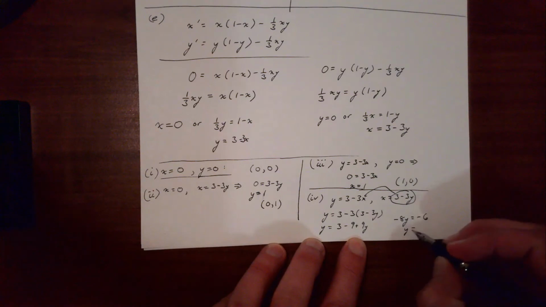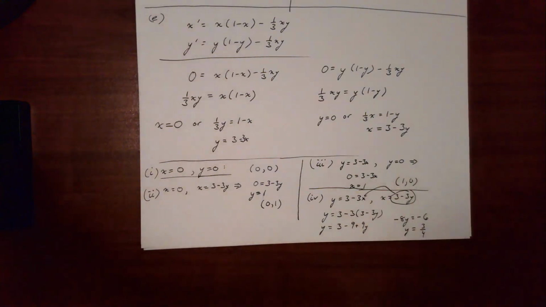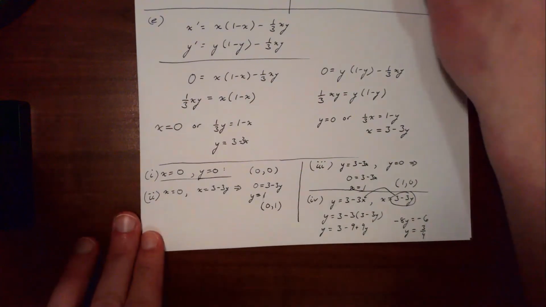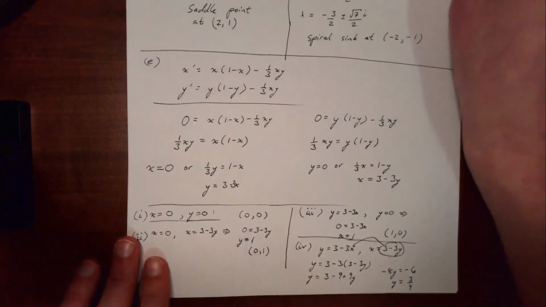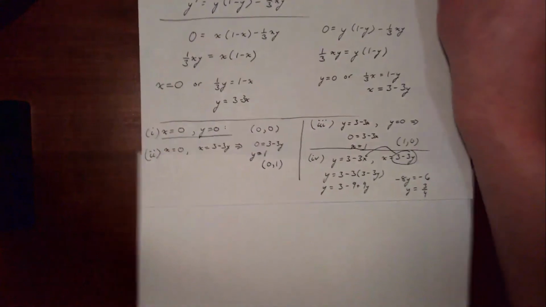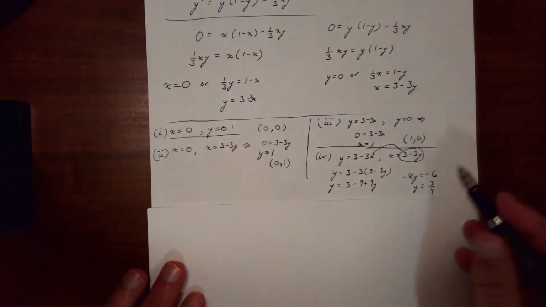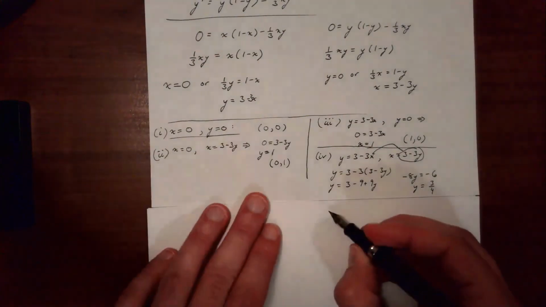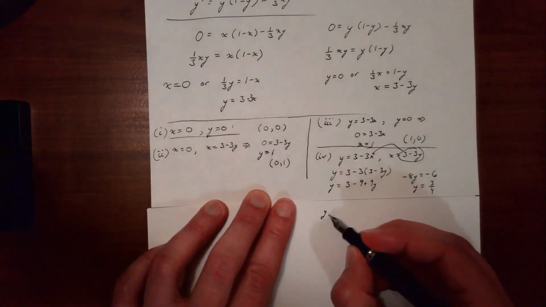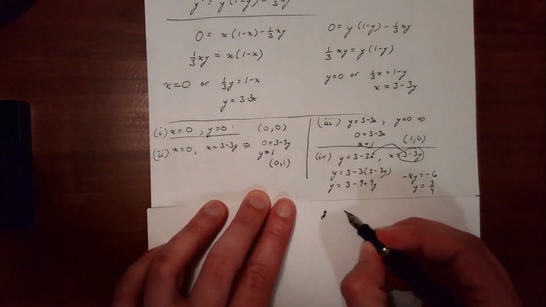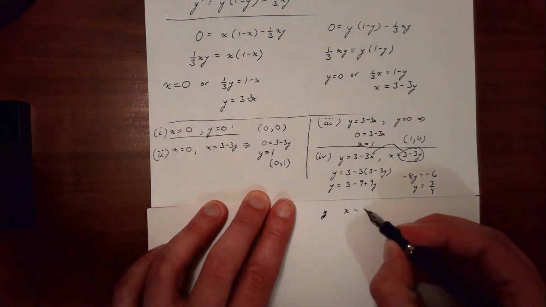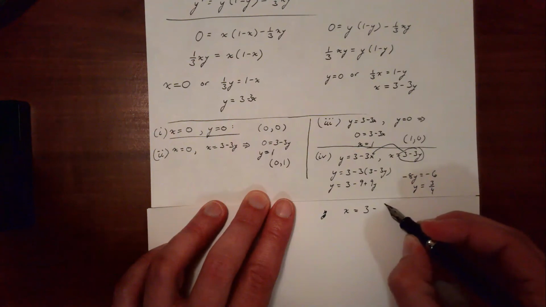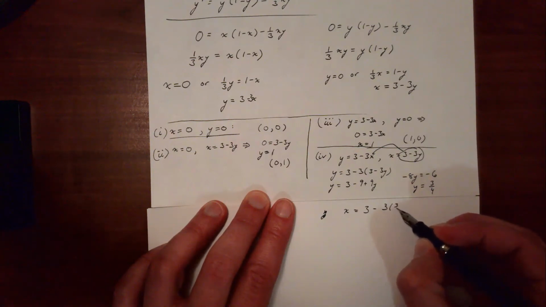So that means y equals 3/4. And if I put that into the other equation, so x equals 3 minus 3 times 3/4.